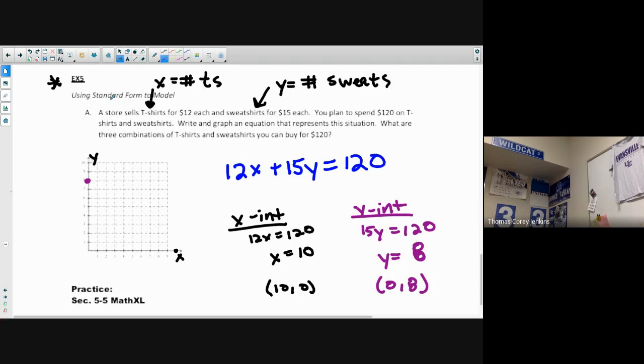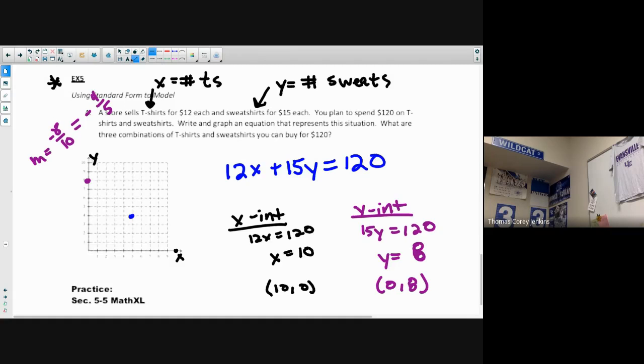So I'm going to split the difference there by going down 4 and right 5. It looks like I did just split the difference there. So there's my other guide point, and now I'm going to draw my line segment.